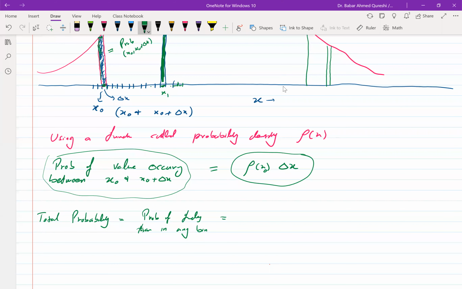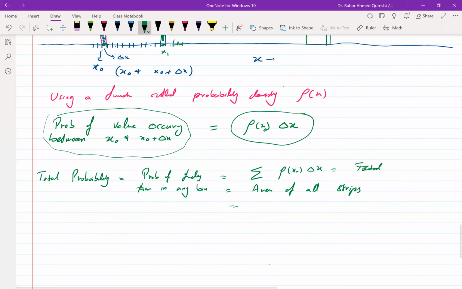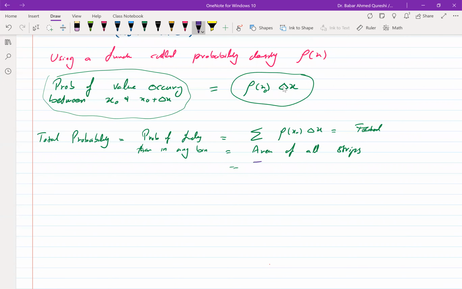So according to the rules of probability, you sum over all the rectangles. So that's the total area. Let's write it step by step: the area of all strips is just the total area under the curve.